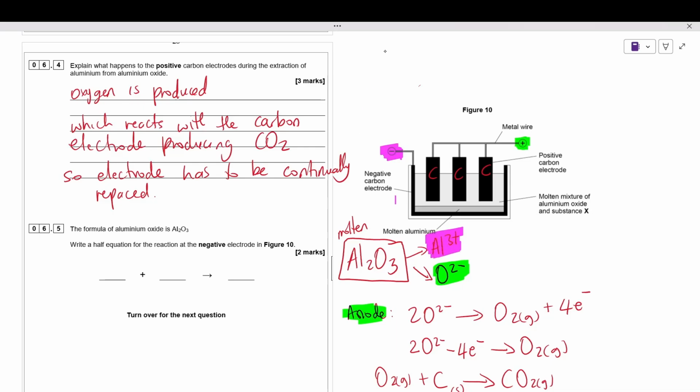So it's your aluminum Al3+, and that's going to form your aluminum metal, but we're going to need some electrons. As I would mention to my students, if it's a positive charge, you add the electrons on the same side where it is. So it's +3, so we're going to add those 3 electrons to form that aluminum. Okay, so that's what's going to happen in that scenario.